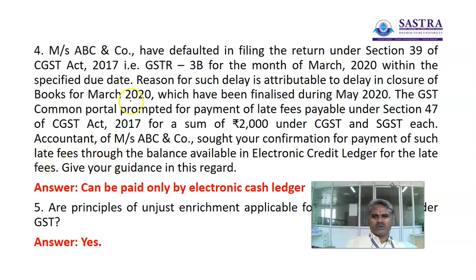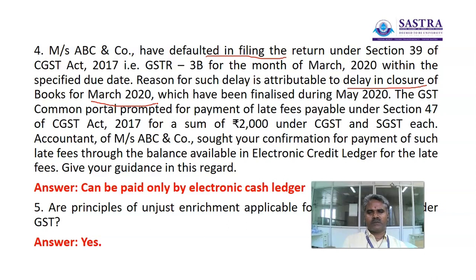Messrs. ABC and Co. have defaulted in filing the return under section 39 of the CGST Act 2017, GSTR 3B for the month of March 2020 within the specified due date. The reason for the delay is attributable to delay in closure of books of March 2020, which were finalized during May 2020.